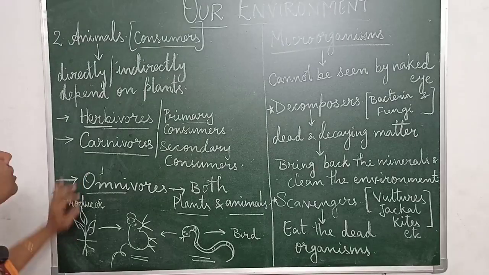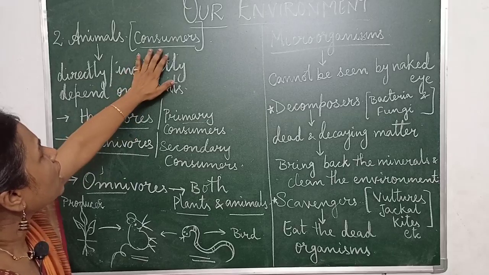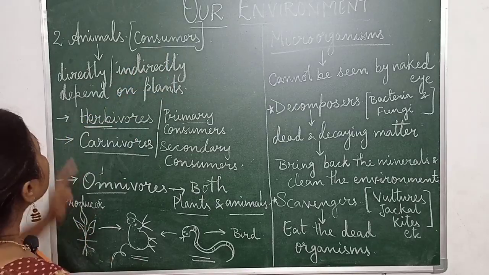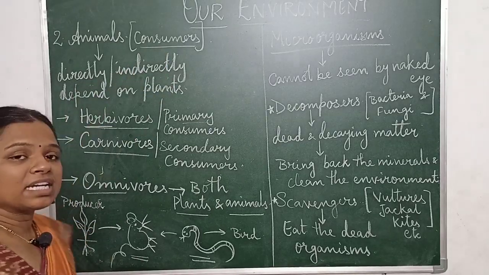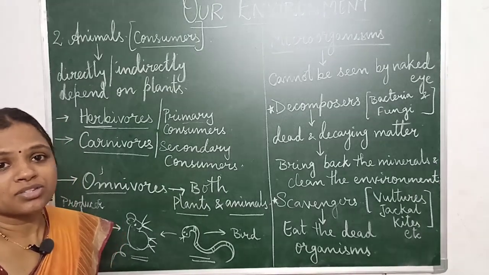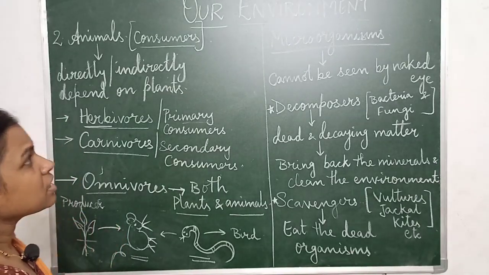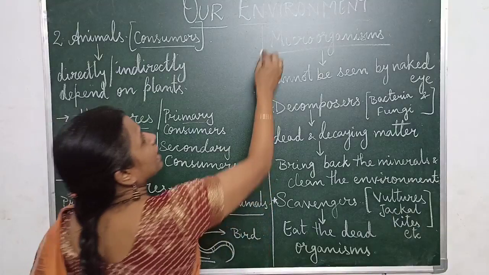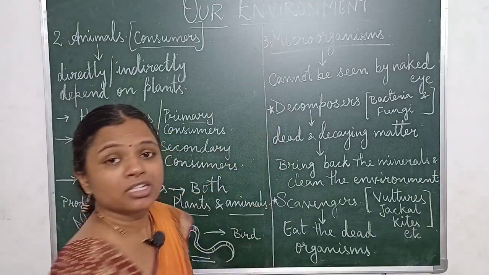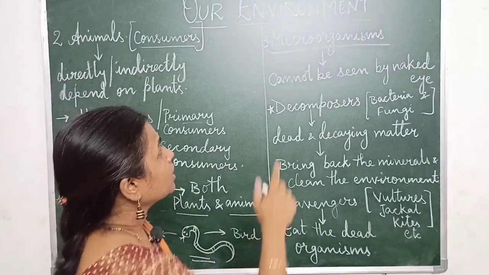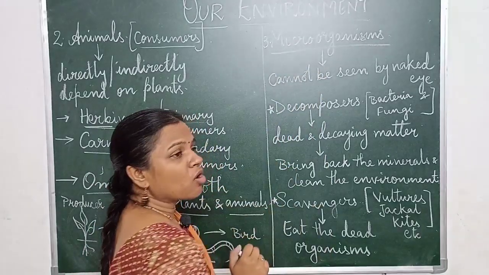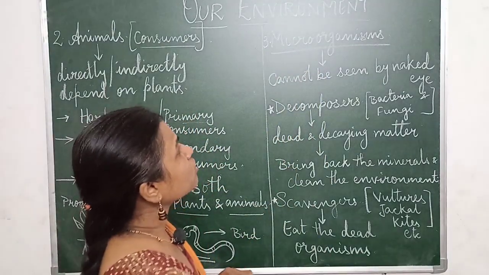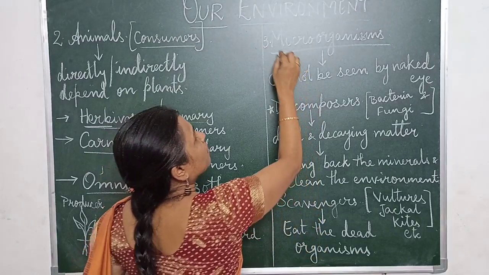So somehow or the other, the animals who are called consumers are directly or indirectly dependent on the plants for food. Now coming to the other category of biotic components of environment. That is nothing but the microorganisms. You see here the word micro.